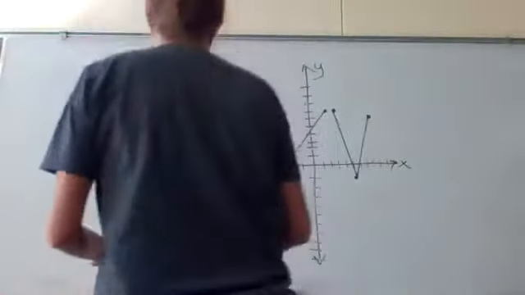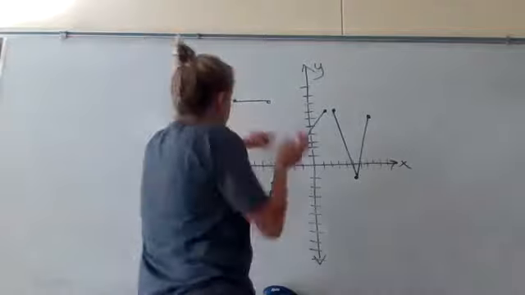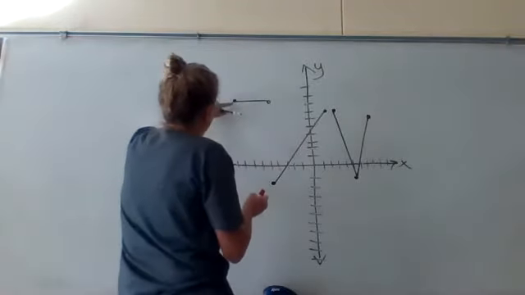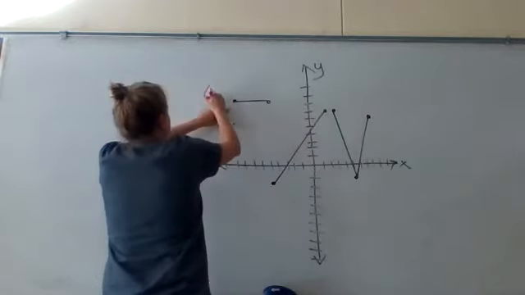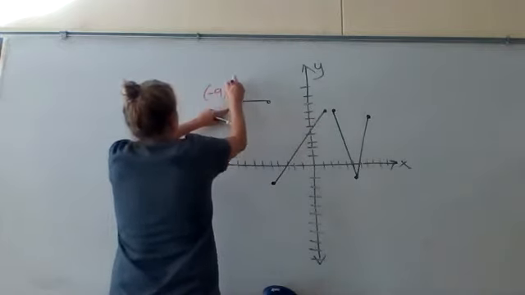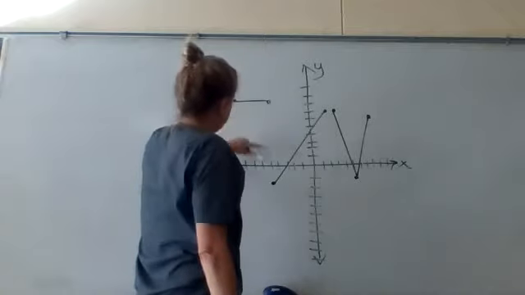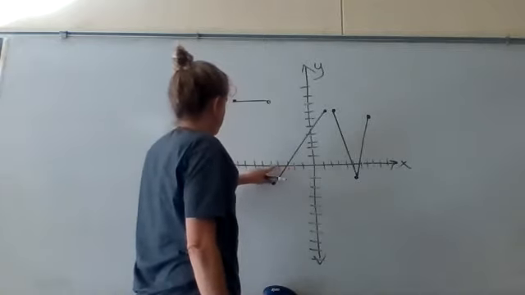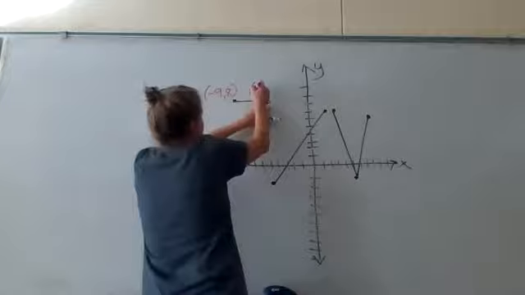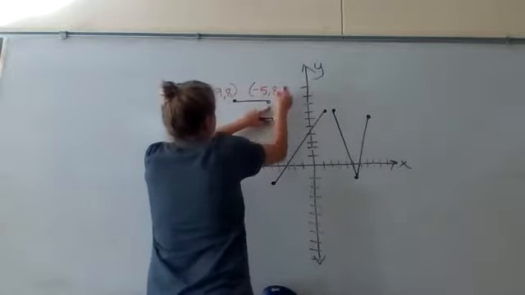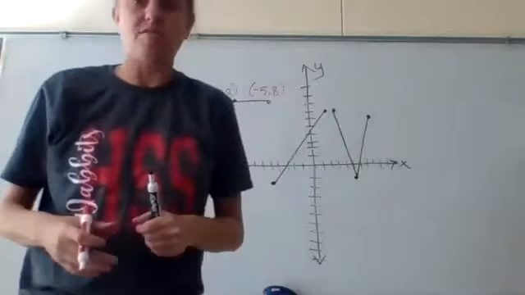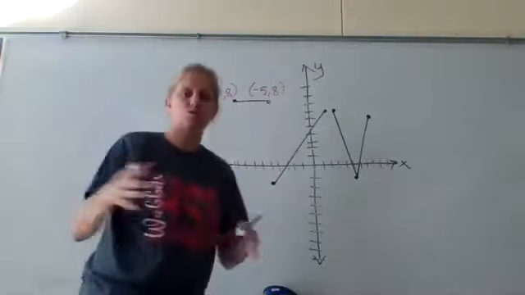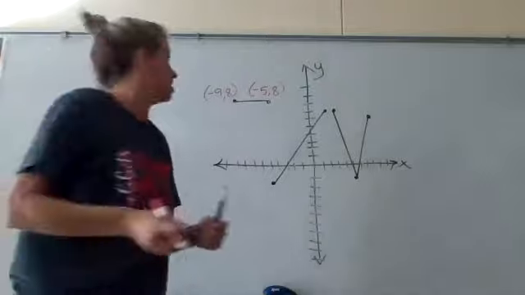So let's see, I'm going to name these 2 points here. So this looks like this is at (-9, 8). This one's at (-5, 8). So there's those 2 points, right? I need to know the coordinates of those points because that's what I use to name the increase, decrease, and constant.